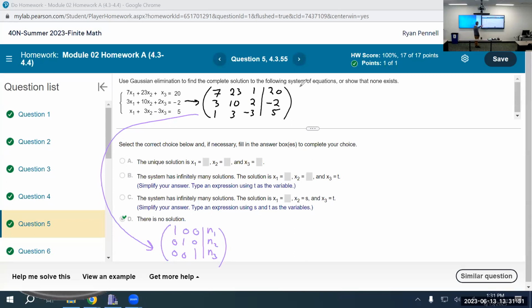I claim this has no solution, but at the moment, I don't see that. And when I legitimately did the problem by myself, I didn't know. I just dove in and continued. I didn't see anything that would cause that to happen when I initially started. So I want that 7 to be a 1, and I noticed that they gave me a free 1 there.